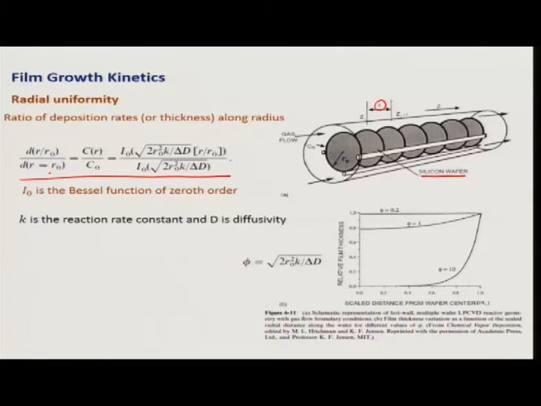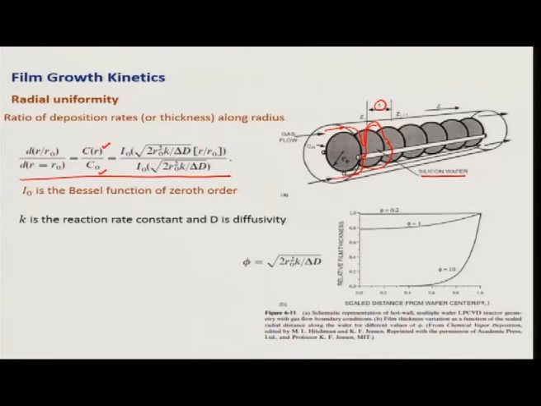If we say that my thickness is governed by mass transport, not the reaction, then it depends on how the concentrations are distributed along the radius. C0 is at the outer surface of this wafer, because gases are flowing outside and then they move in, spread, and react.